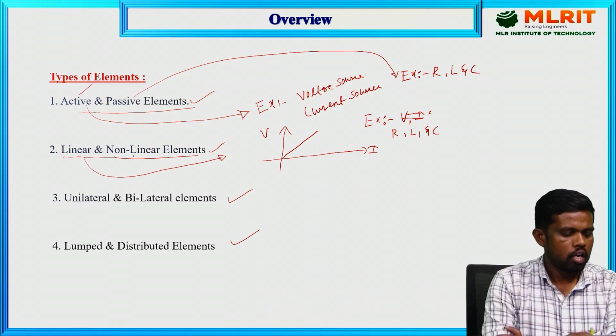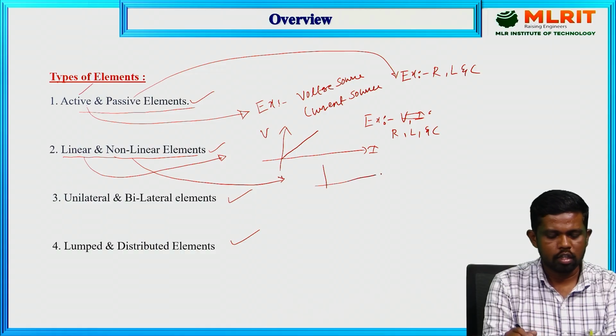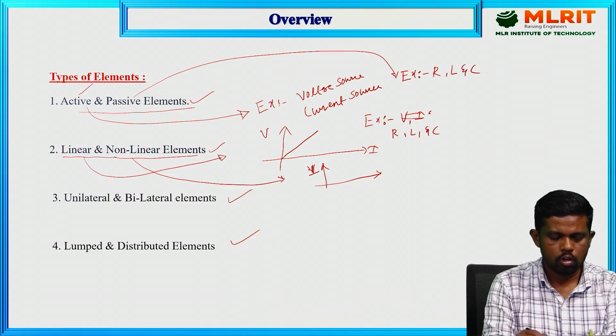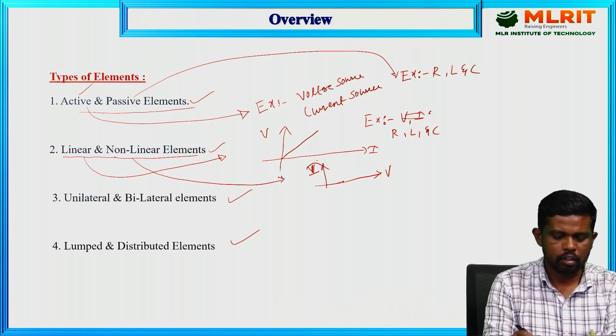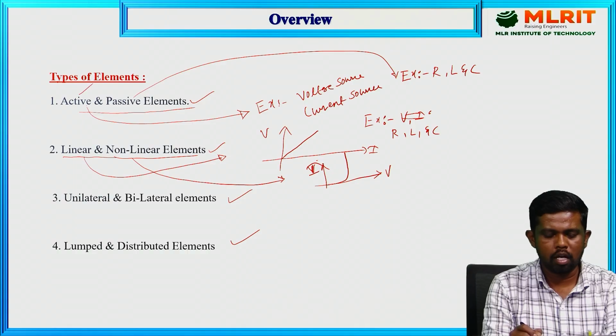Now the non-linear element. Let us consider the VI graph of a particular element, with voltage on one axis and current on the other. The element's VI graph may or may not pass through the origin.